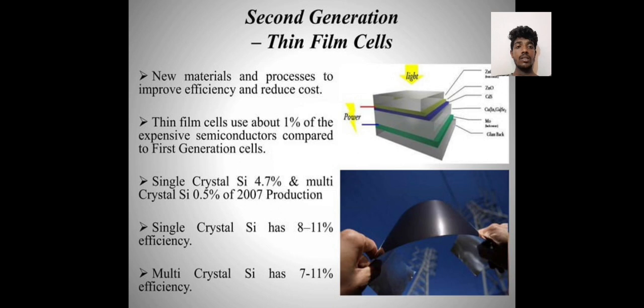Single crystal Si is 4.7% and multicrystalline Si is 0.5% of 2007 production. Single crystal Si has 8.8 to 11% efficiency. Multicrystalline Si has 7 to 11% efficiency. We can see in these pictures.